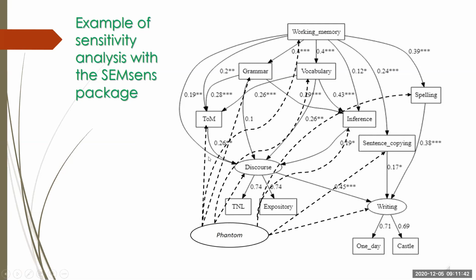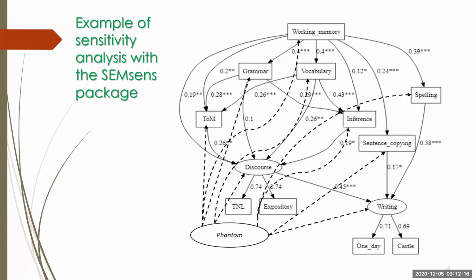And for this sensitivity analysis, there are these 9 different paths from the phantom variables to the variables in the model, and there could be an infinite number of sensitivity parameters here. So this would be very impractical to do manually using the Herring-McNish and Hancock approach, because you would have to fit by hand many structural equation models. But with the ant colony algorithm, you can do that search automatically.